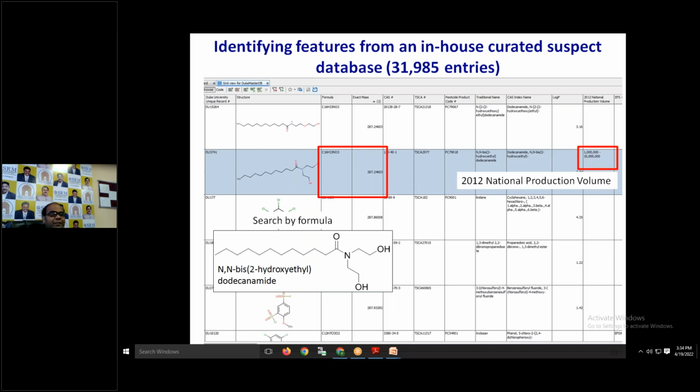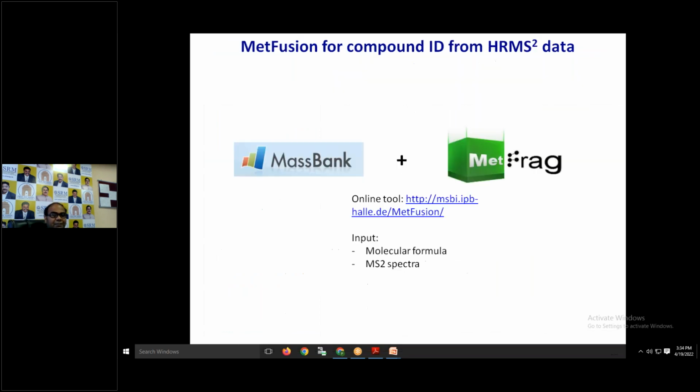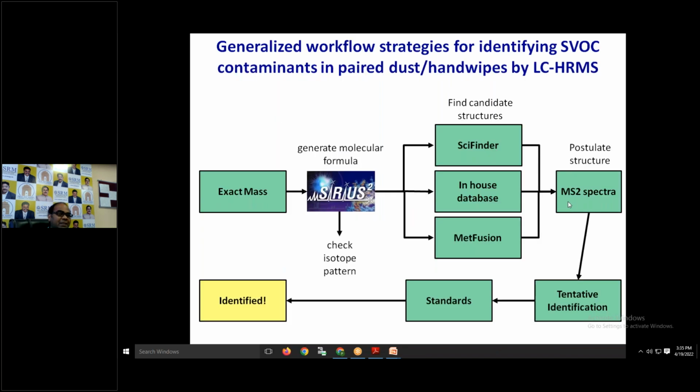How are we going to correlate the presence of these contaminants or exposomes? If we combine these two, MassBank as well as MetFusion for compound ID and HRMS, then you may be able to know the molecular formula, the spectra, everything.